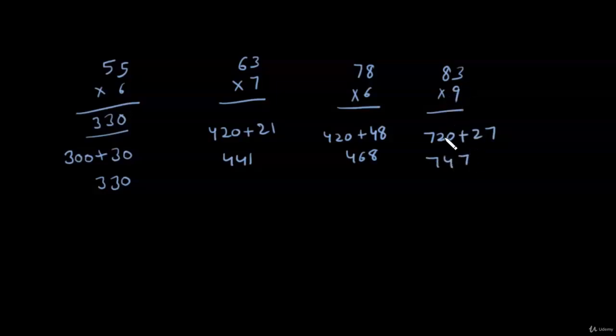So using this technique, we can write the tables up to 100 very easily in no time. Consider a few more examples. 94 times 6. Now 6 times 9 is 54, but this is 90. So 6 times 90 is 540. This we will keep in brain. 6 times 4 is 24. So 540 plus 24 is 564.